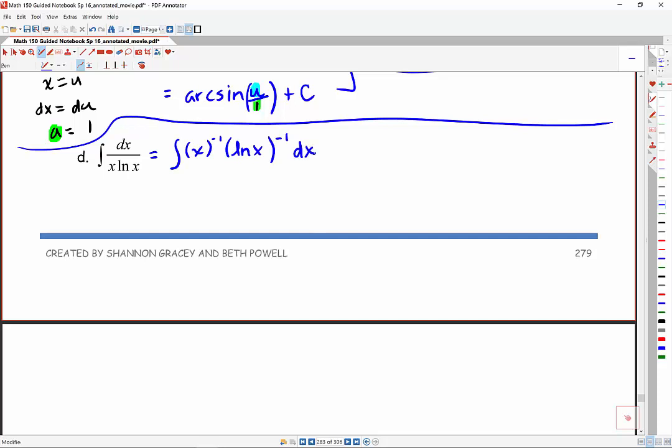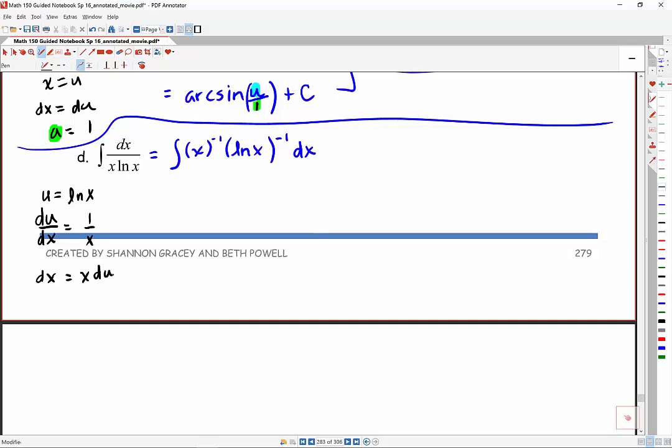And so what did we say about the natural log function when it's part of the integrand? That was a good thing, right? Because you know that u has to equal natural log of x, because we didn't have a formula that gave us the integral of natural log of x dx, right? So du dx is equal to 1 over x, and then dx would equal x times du.